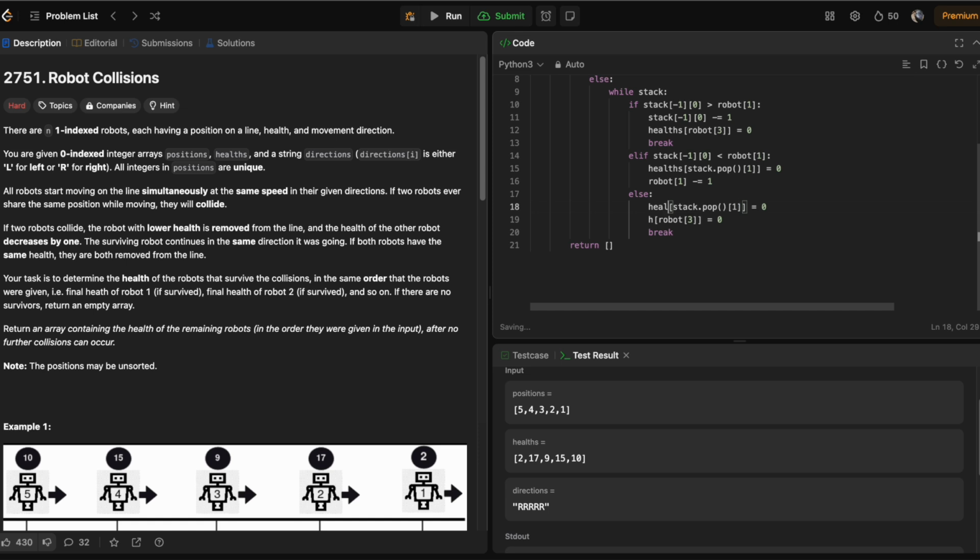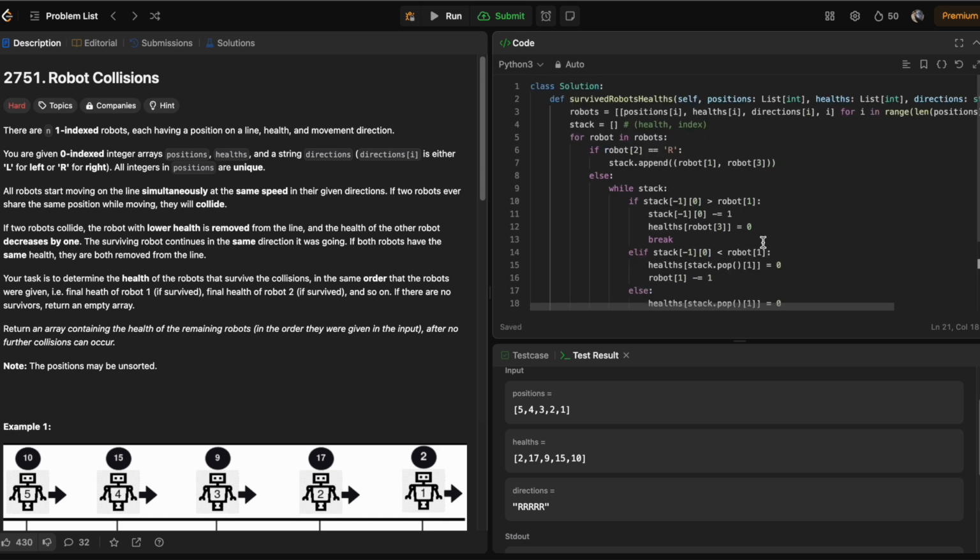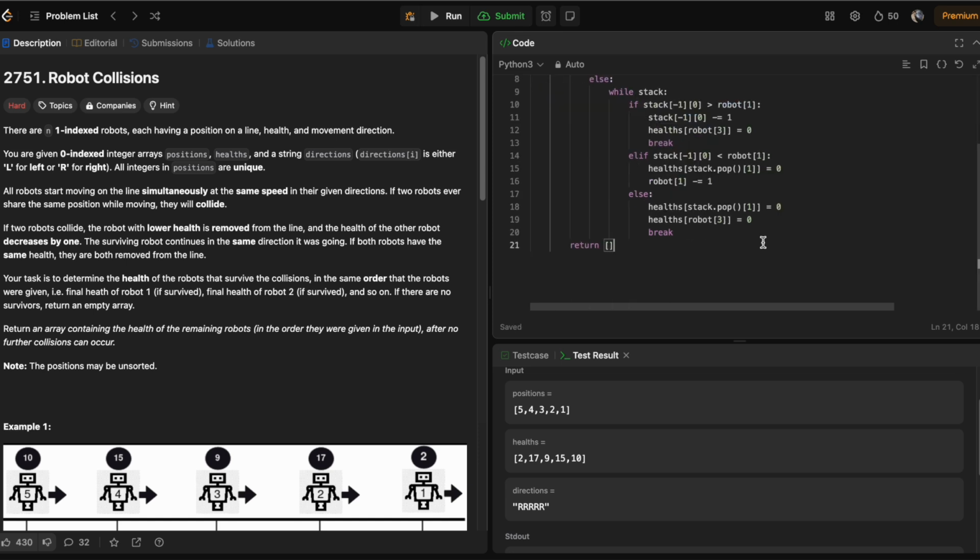That way we don't have to do anything after the loop. Because if all the robot's initial health value is equal to their actual health value, then we only have to keep track of... okay, then we would probably have to do this too.